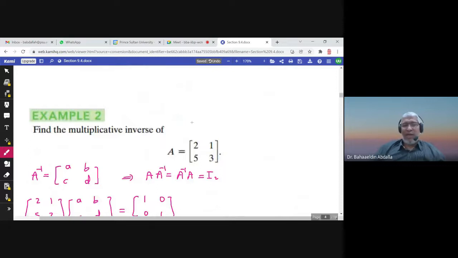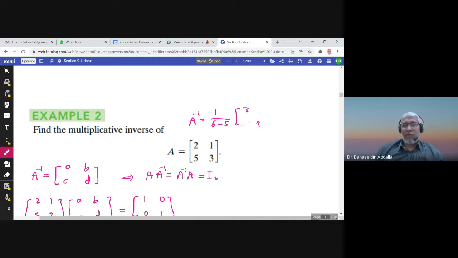So let us use this method to find A inverse in this question. A inverse would be 1 over 2 times 3, AD, which is 6, minus BC, 5 times 1, which is 5, times the matrix. 2 and 3, we change their positions: 3, 2. 1 and 5, we keep their positions, but we change their signs.